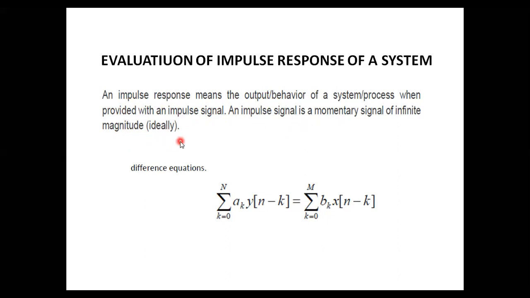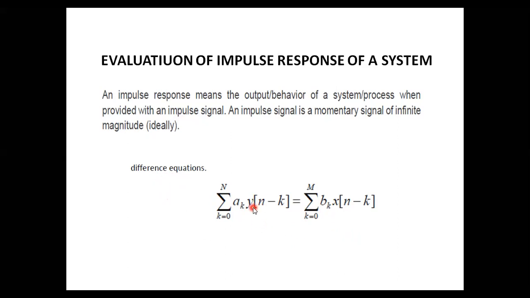Which equation shows the input and output behavior? That equation is called a difference equation. This is your general difference equation. One side of the difference equation is your output, or the behavior of the system, and the other side is the input of your system.